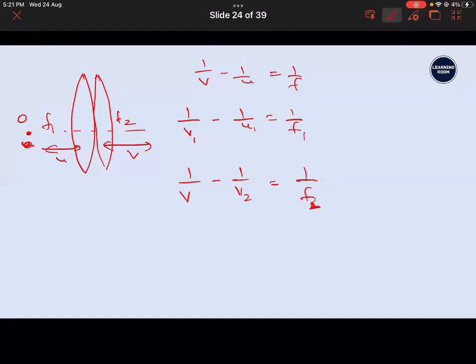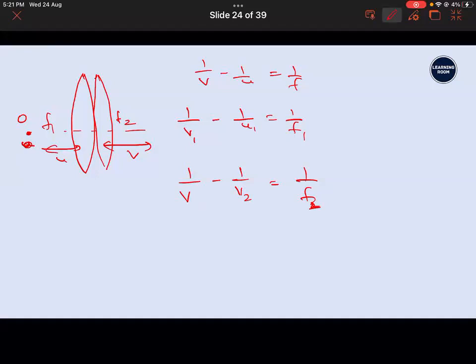Okay. So 1 by v minus 1 by v1 is 1 by f2. So why did we not apply sign convention here? I told you from the beginning, wherever needed, for every derivation, you need to apply sign convention. But if you're solving also, you need to apply it.